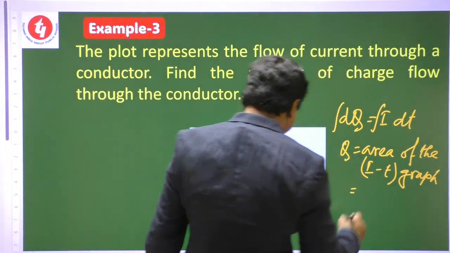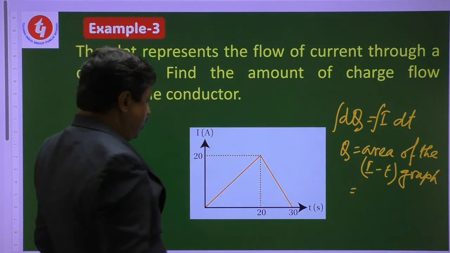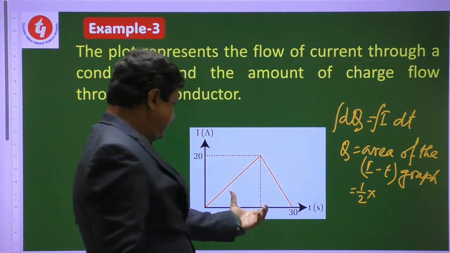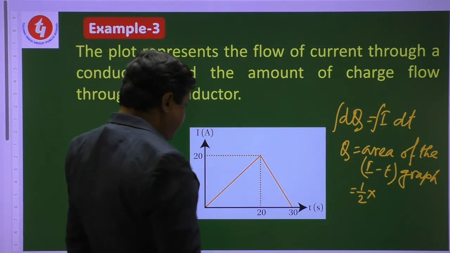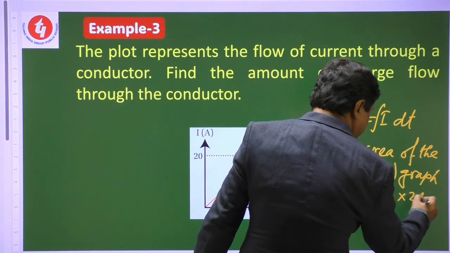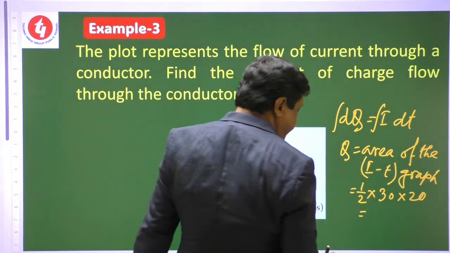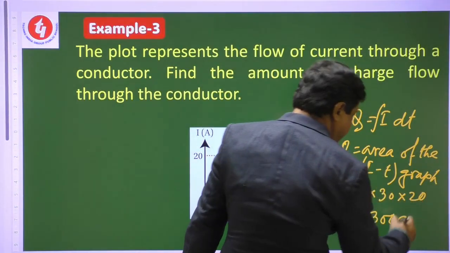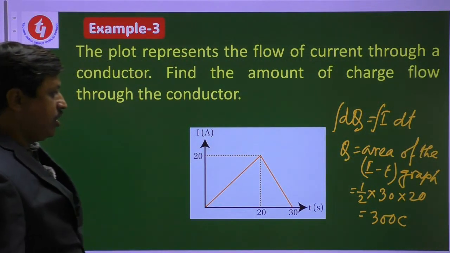So what is the value of this area? This is half into base into height. Base is 30 and height is 20. So this value will be 300 coulomb. Okay, 300 coulomb.